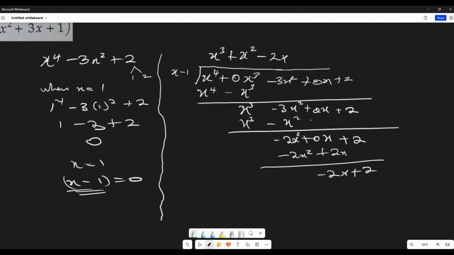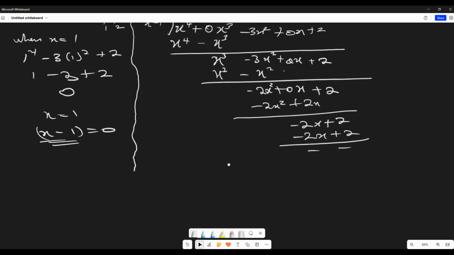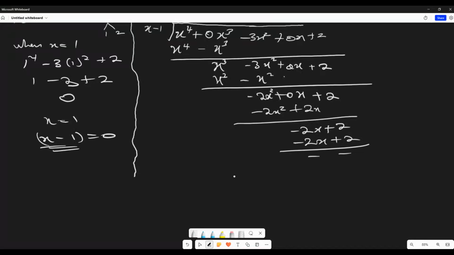And x going into x how many times? 2 times, so minus 2 times. We multiply back: minus 2 times x gives us minus 2x, and minus 2 times negative 1 gives us positive 2. When we subtract, everything drops. So this tells us that x minus 1 is really a factor. So now the first factorization will be x minus 1.